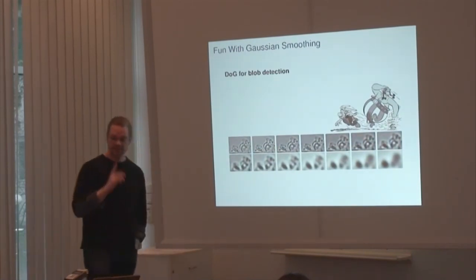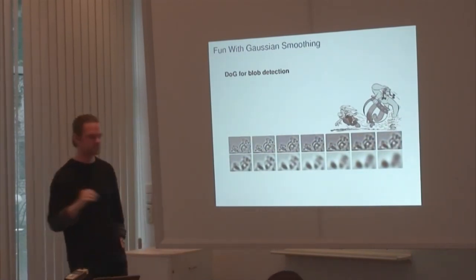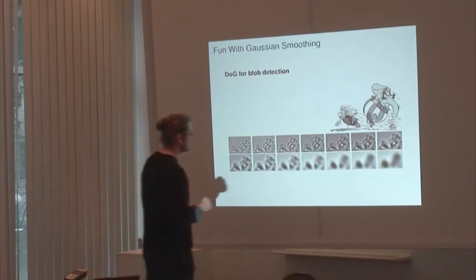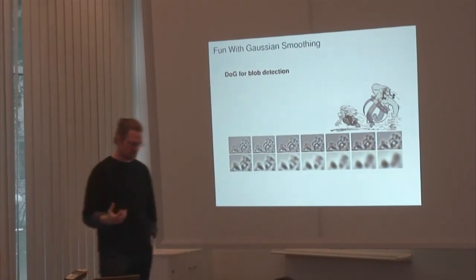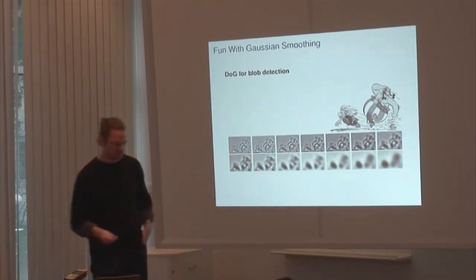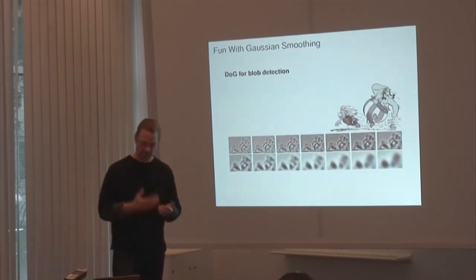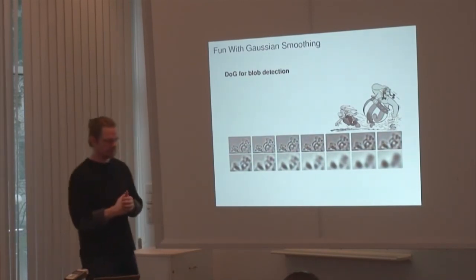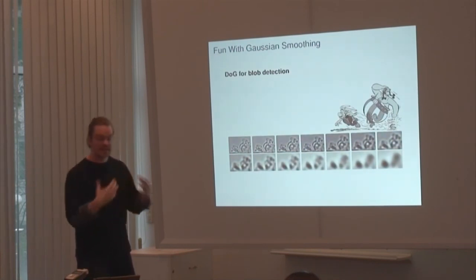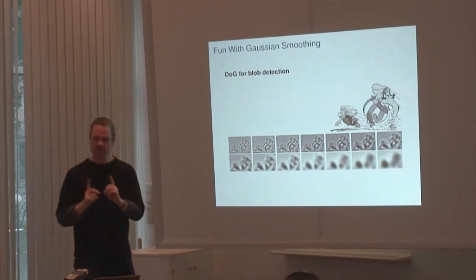I said when we discussed difference of Gaussians that we can understand those differences of Gaussians as a mechanism to detect image content that is salient, and salient is a fancy word for it sticks out.